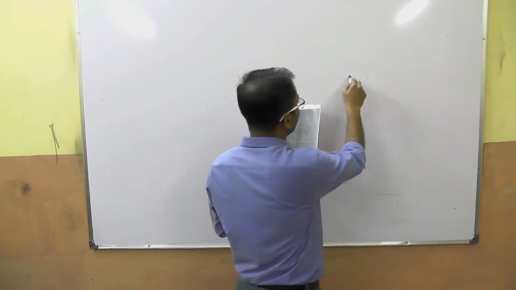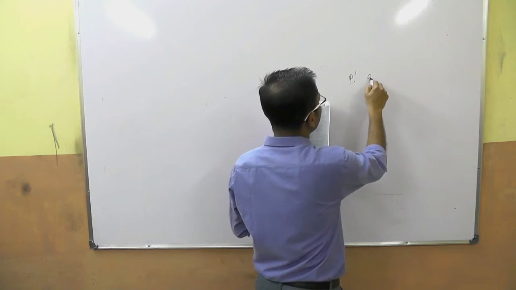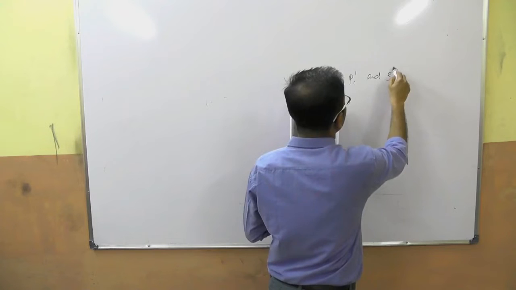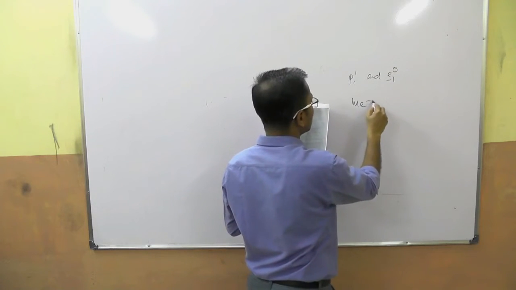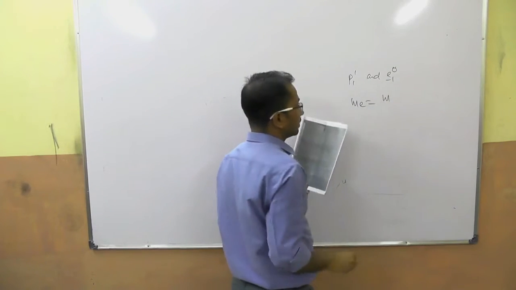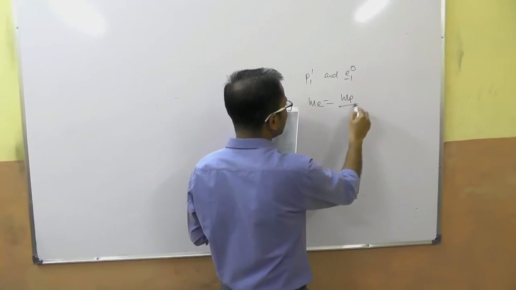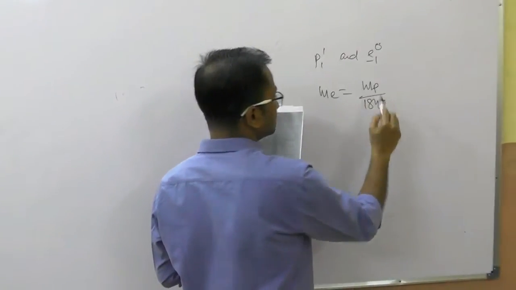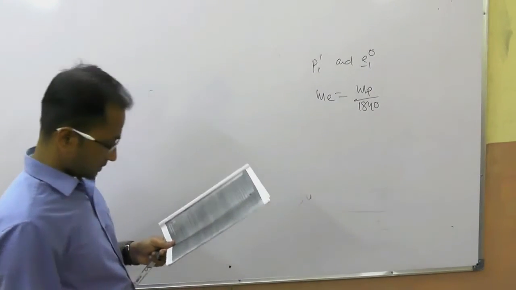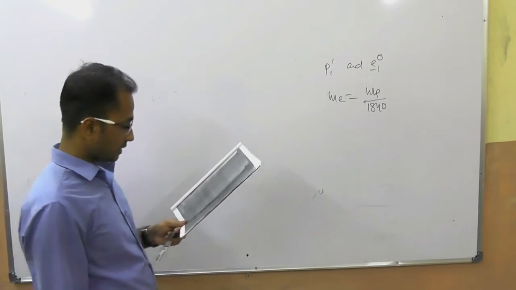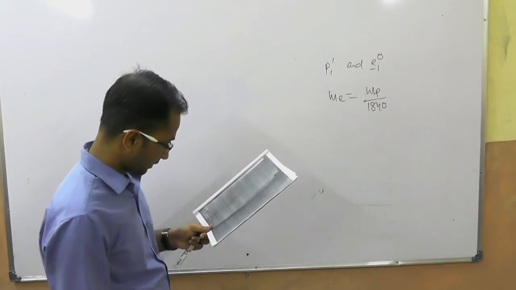So for proton and electron, the ratio of the mass of electron to the mass of proton is almost 1 by 1840. The speed is the same. Now we have to find the wavelength.